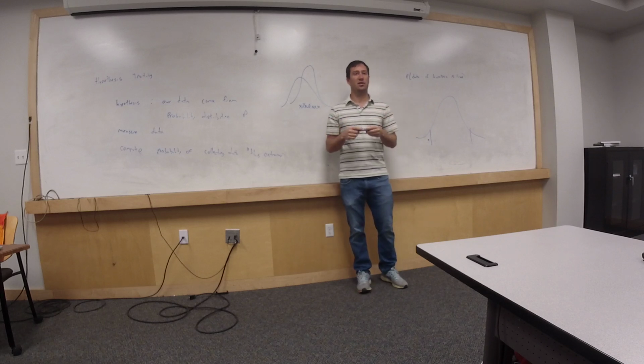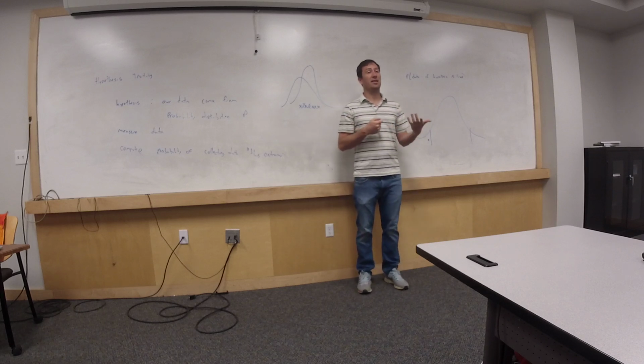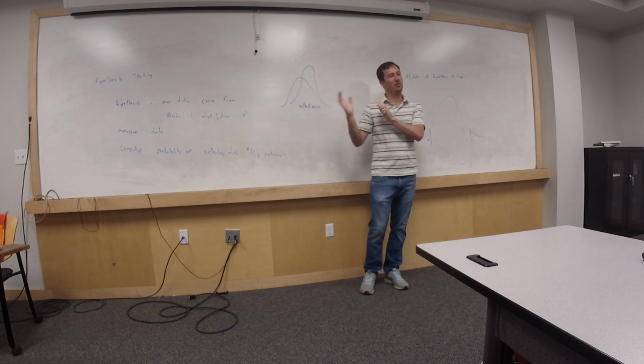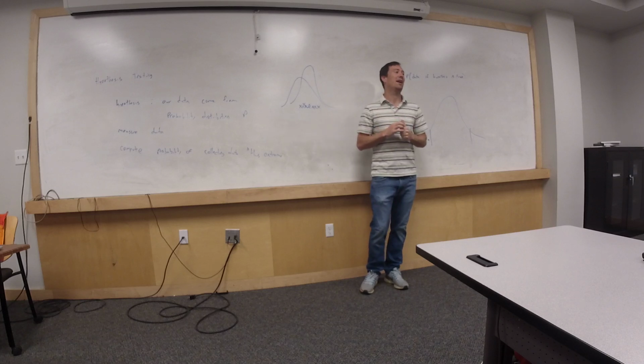We want to set these ahead of time so we're not doing what's called p-hacking, which is basically trying to make the data fit the conclusions you have ahead of time. You want to choose this value before you run your tests, so you can remove a little bit of your personal bias from the equation.